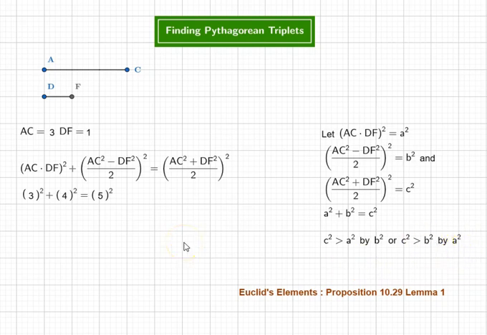Okay, but what happens if we don't want a Pythagorean triplet? We want square on A plus square on B not equal to the square on C. But here A, B and C should be whole numbers. So pretty straightforward. Just subtract 1 from this: AC square minus DF square by 2, minus 1, the whole square.